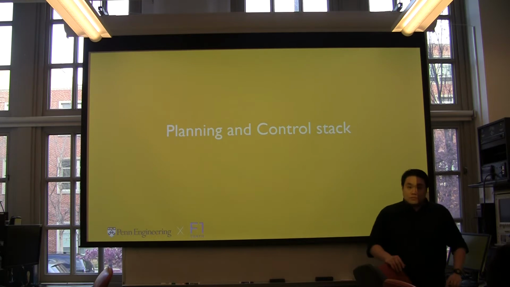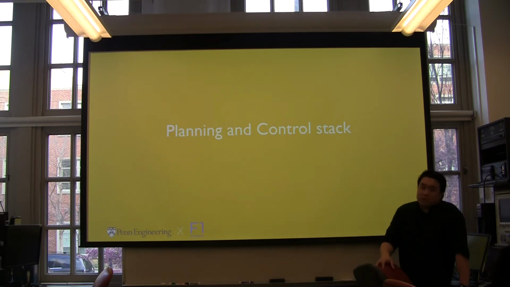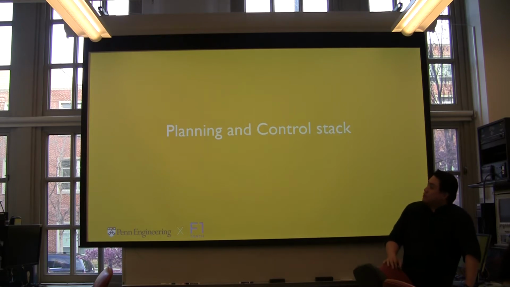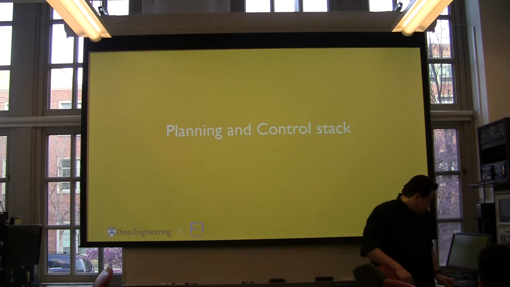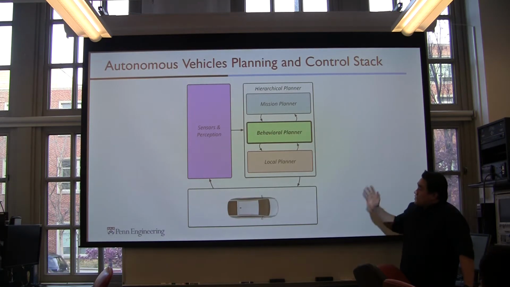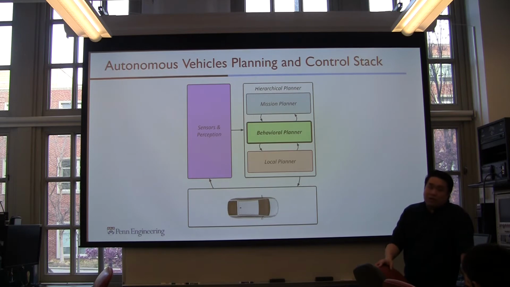All right, so let's start by talking about how autonomous vehicles usually have their planning and control stack set up. In a very general case, you'll see something like this, where the whole software stack is split into 3 different components. On the left, you have the sensors and perception component.